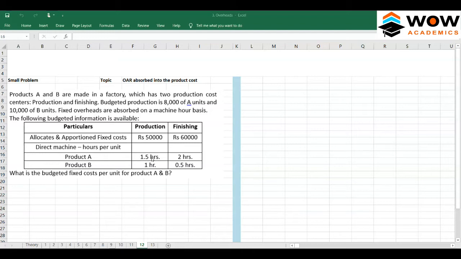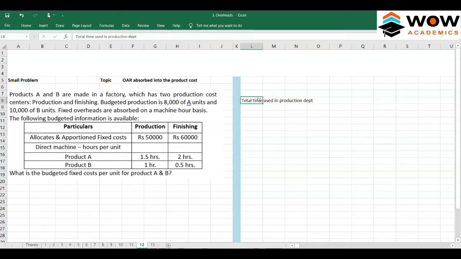Once we find that, we can progress the sum. So first we'll find the total time used in production department.